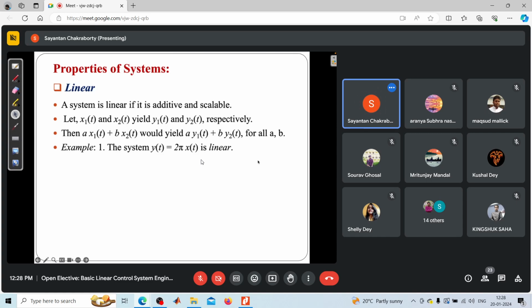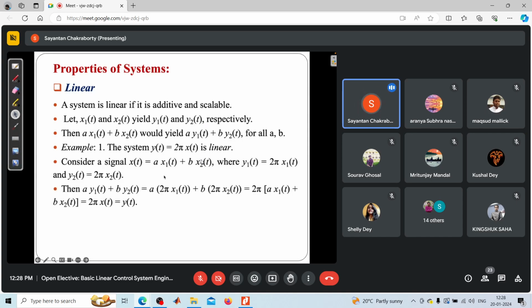Say for this system, how can it be shown that it's a linear system? Take a signal x(t) defined as a x1 plus b x2, where y1 is the output due to x1, that is 2 pi x1, and y2 the output due to x2, that is 2 pi x2. Then we have to show that a y1 plus b y2, that is a 2 pi x1 plus b 2 pi x2, is equal to 2 pi, common now, times a x1 plus b x2, that is 2 pi. What is a x1 plus b x2? Equal to x(t).